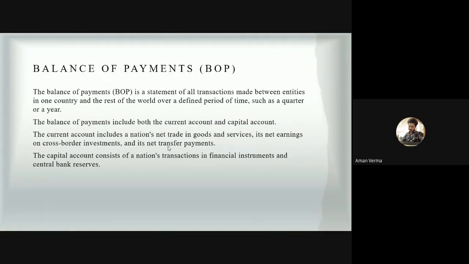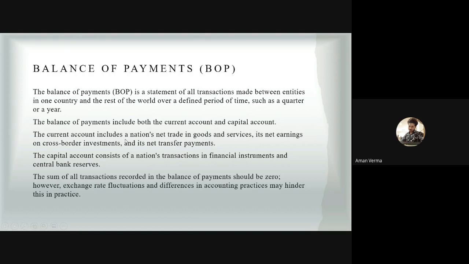The capital account consists of a nation's transactions in financial instruments and central bank reserves. The sum of all transactions recorded in the balance of payment should be zero. However, exchange rate fluctuations and differences in accounting practices may hinder this in practice.